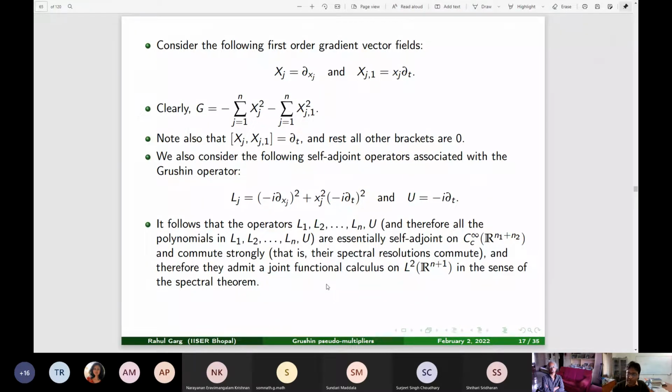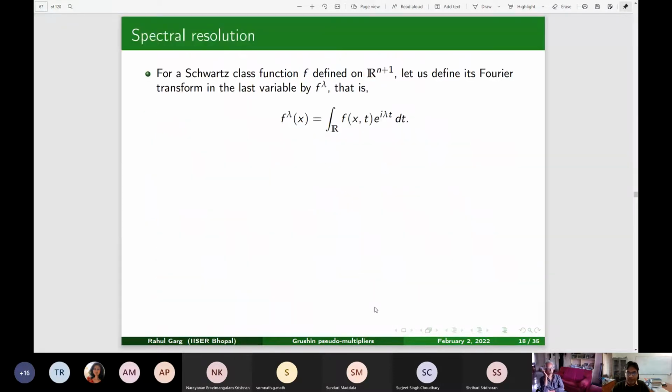Okay, that is a very abstract and general fact, but for these particular operators, we can actually see what is happening. So let me just use this bold letter L to denote L1 up to Ln. Let's see how I would write a spectral resolution for Grushin as well as for the joint functional calculus. So give me a function on R^(n+1), a nice function, Schwarz class.